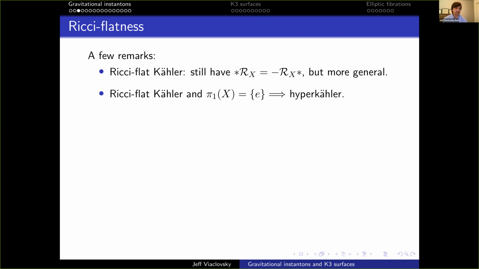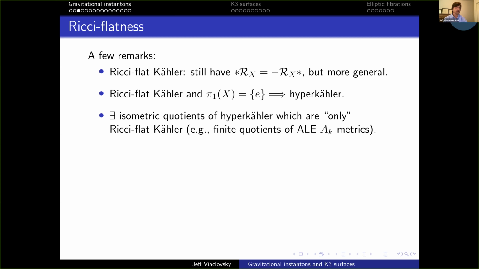But notice we did not assume simply connected in the definition, so I'll give the reason for that. There do exist isometric quotients of hyperkähler metrics which are only Ricci-flat Kähler. Some examples of that are finite quotients of ALE, ALF type metrics, which I'll talk about in a little bit, what ALE means.